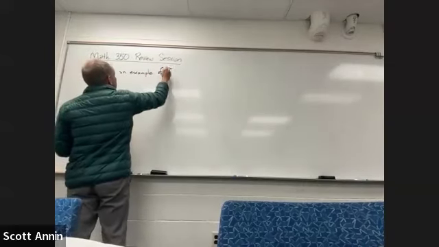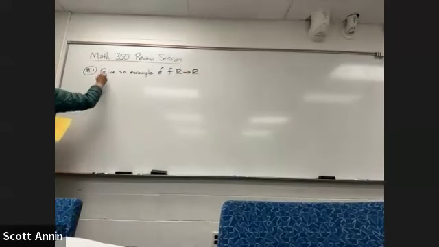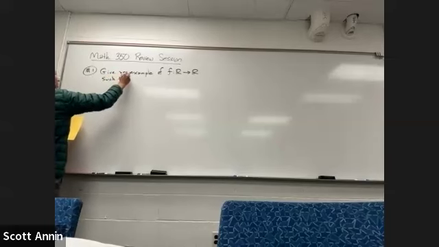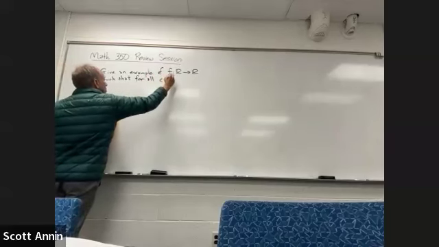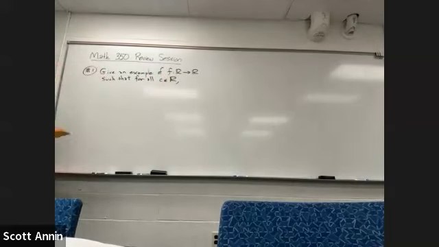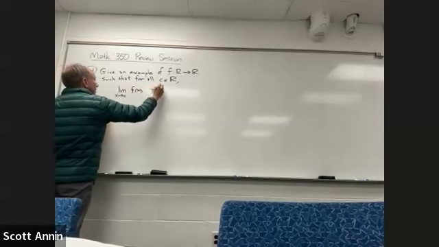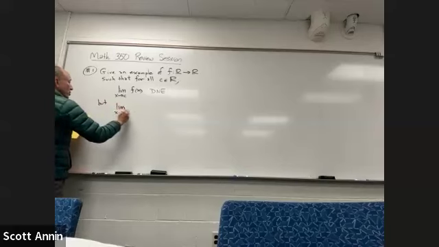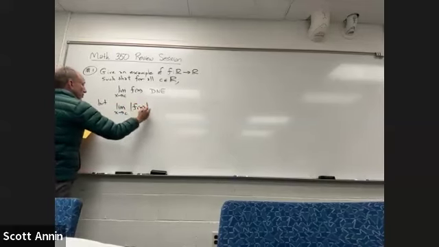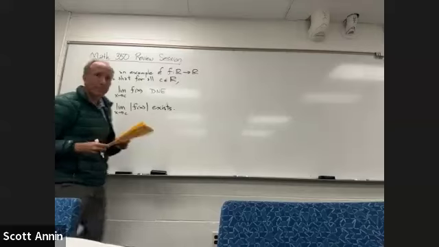Give an example of a function f that goes from the real numbers to the real numbers such that for all real numbers c, the limit as x approaches c of f of x does not exist, but the limit as x approaches c of the absolute value of f of x does exist.